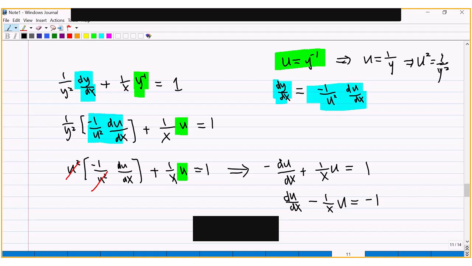This is the equation in u and x now. No more y. All the y has cancelled away, eliminated.